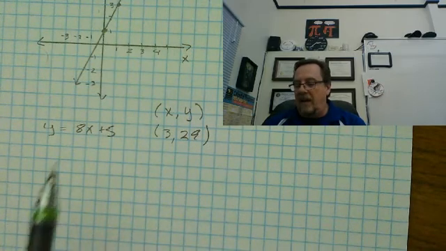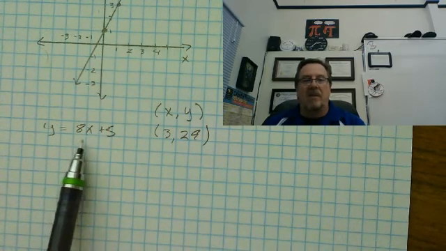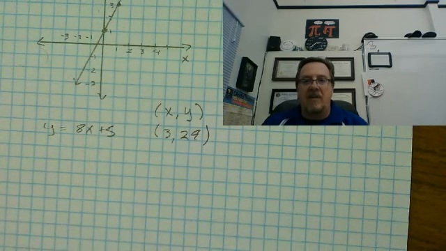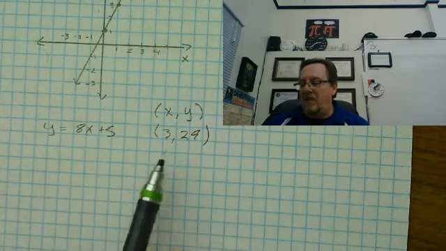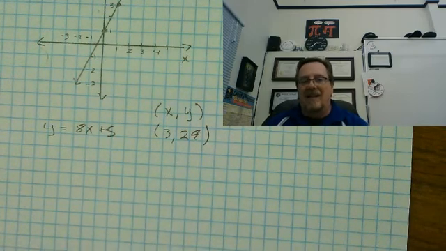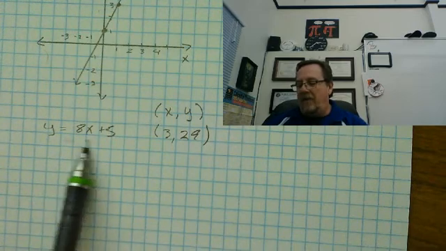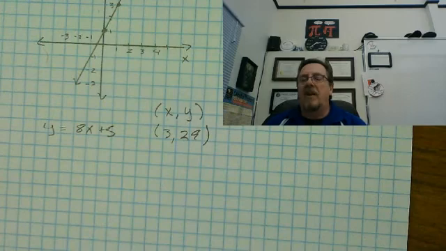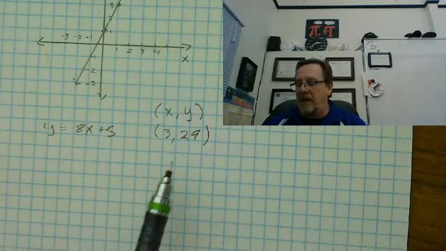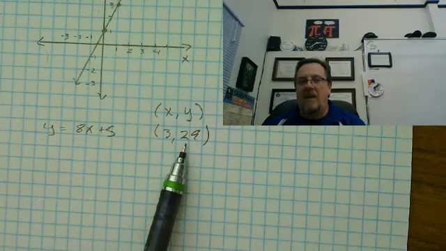Now it's all fine and dandy to know that 8 is your slope and 5 is your y-intercept. But in this particular question, where it says, does the point (3, 29) exist on the line, we don't have to graph the line and then see if that point is there. We could just plug in the values for x and y and see if it makes the statement true.